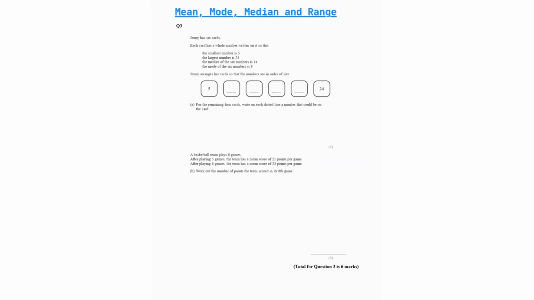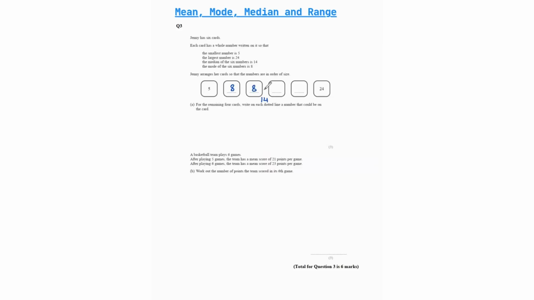Median is 14. Now, as you can see, there are 6 cards, so which means median value is going to be in the middle of the 3rd and the 4th card. Why? Because in even number of values, we find the 2 values that are right in the middle of the data set. Then we find the value in the middle of those 2 values. The mode is going to be 8, which means 8 is going to exist more than once. So let's say we assume that 8 is over here and 8 is over here.